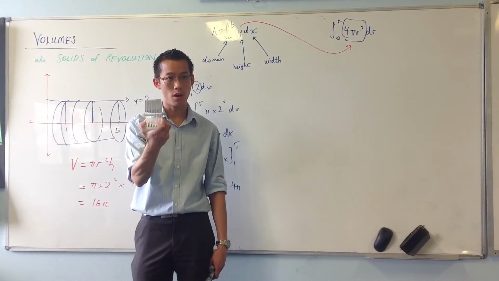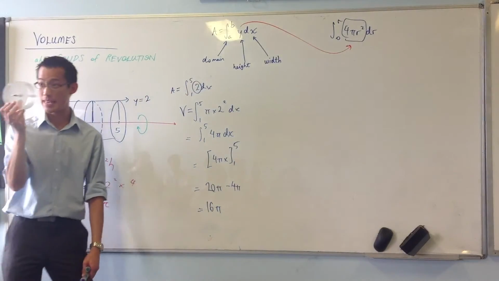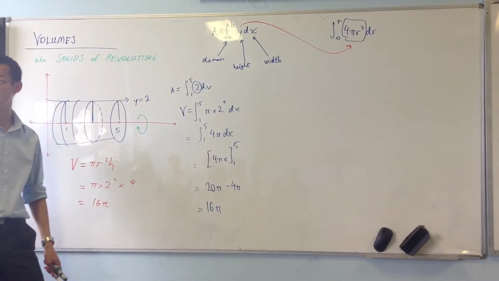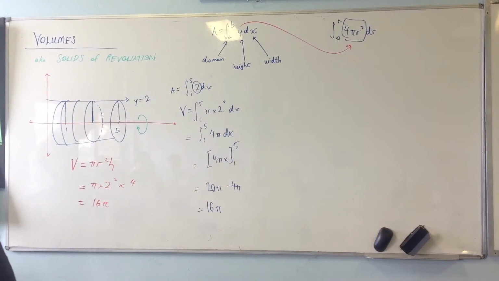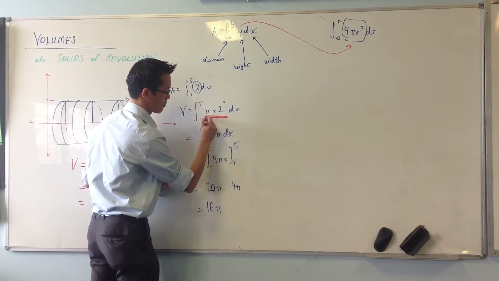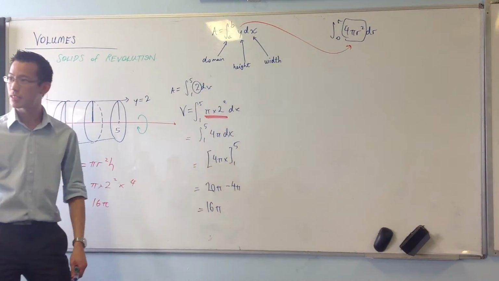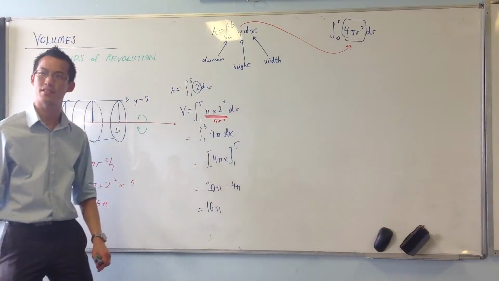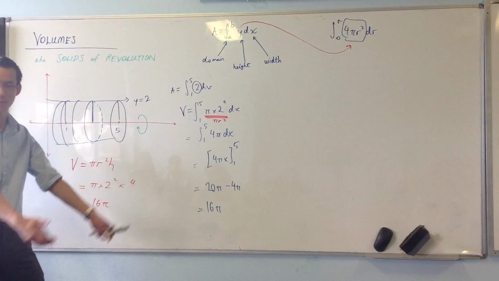What was different was, what am I adding up? I'm adding up these shapes now. I'm not adding up these little rectangles. I'm adding up circles. So this is the crucial part here, because in adding up circles, what I'm really adding up is pi r squared, a whole bunch of circle areas.